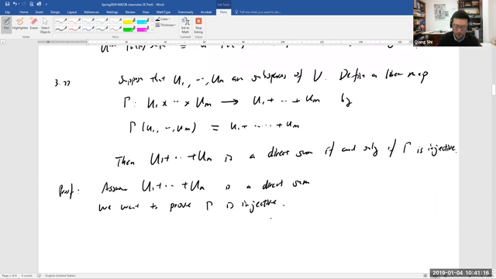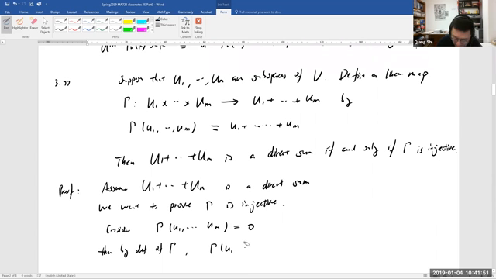So by our assumption, let's consider this. If that's a direct sum, and you have gamma of (u1, ..., um) equal to 0, then by the definition of this function, gamma of this, and this is not the sum here, this is the vector here, equal to 0 means what?